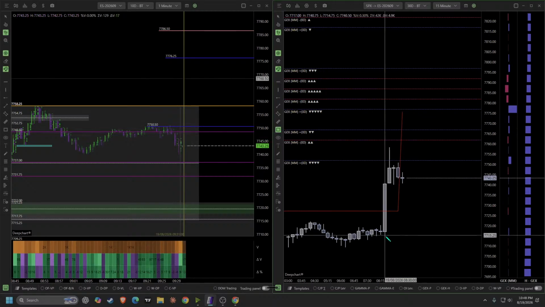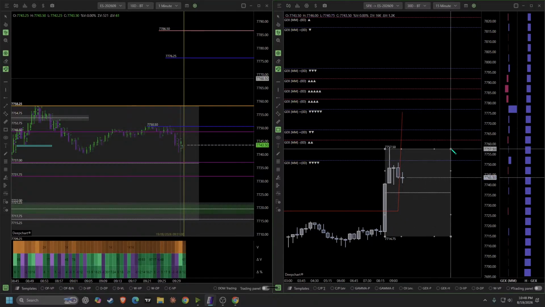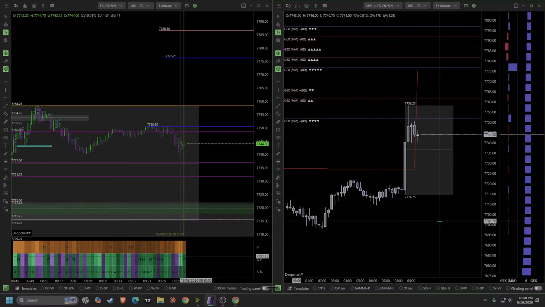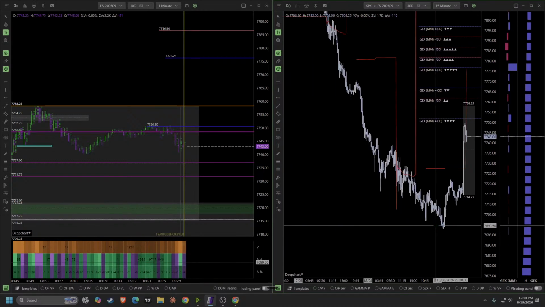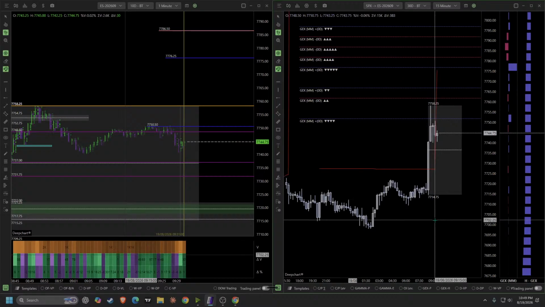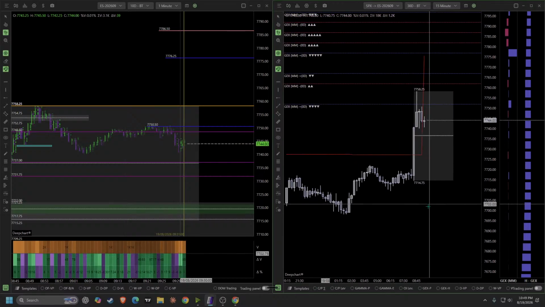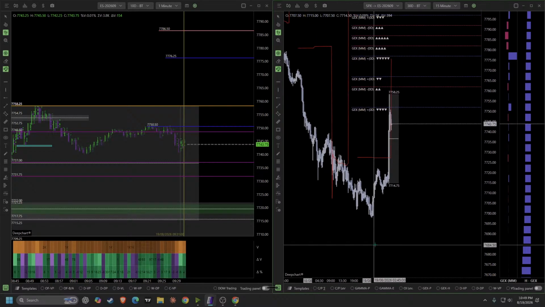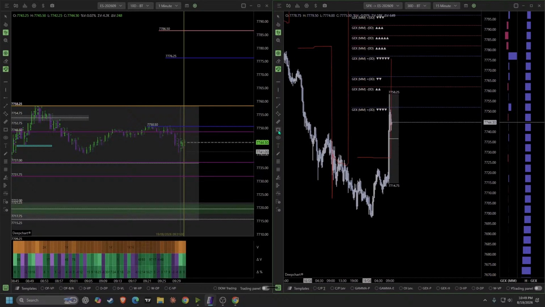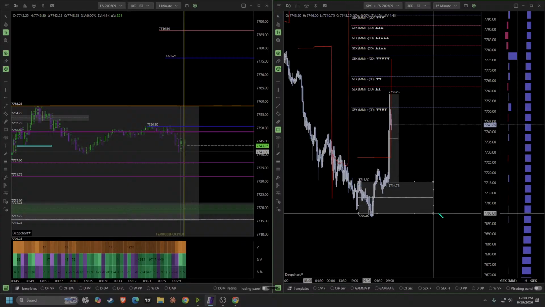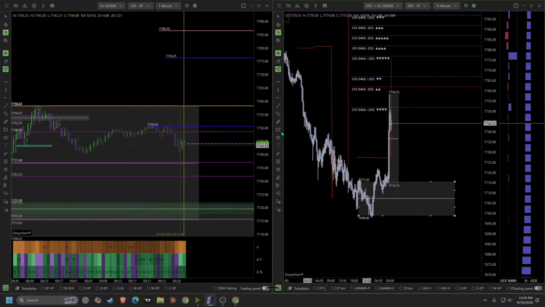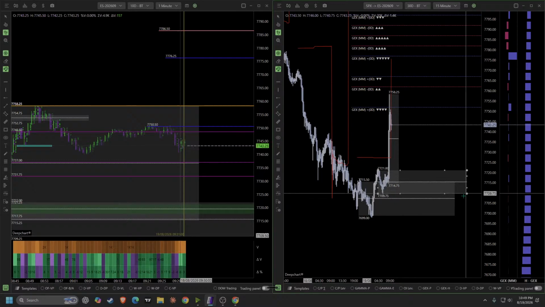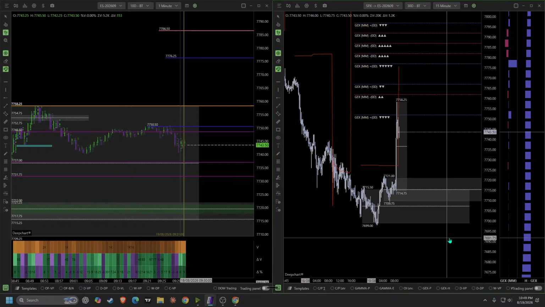So basically I have this massive drive up on news. After sweeping some lows, then turning back around, making a higher high, higher low, then we turn around and make another higher high and a higher low.